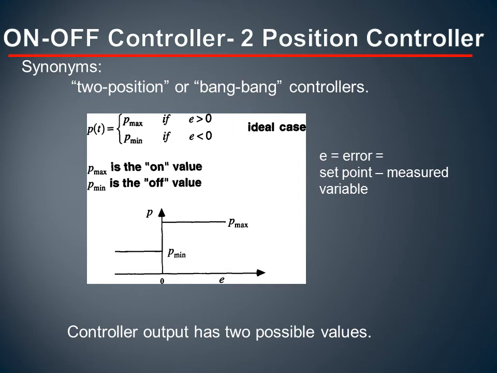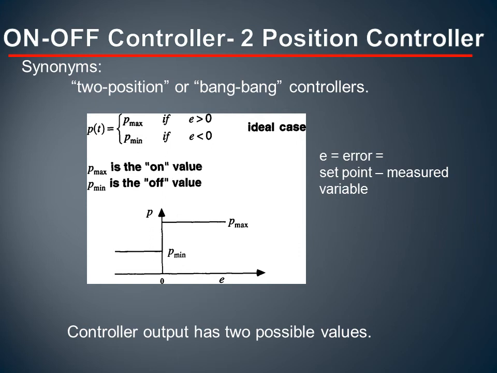So P of t, that is output, is equal to P max if error E is greater than 0, and P of t is equal to P min if error is less than 0. So this is the ideal case of the on-off controller.